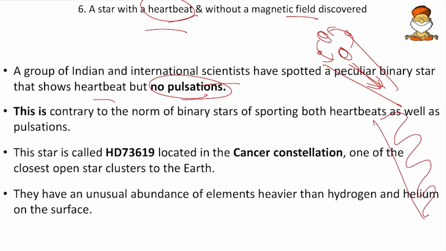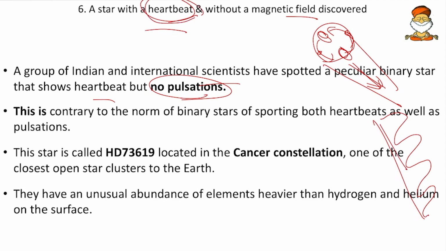And not only this friends, even the pulsation of the electromagnetic field is also visible as and when they disturb the space-time variance. So we know that as per Albert Einstein, any cosmic body that is moving in the universe will disturb the space-time variance and that will cause a variation in the electromagnetic field. But here is one binary system of stars which will leave the pulsation, but no electromagnetic field is released from that.